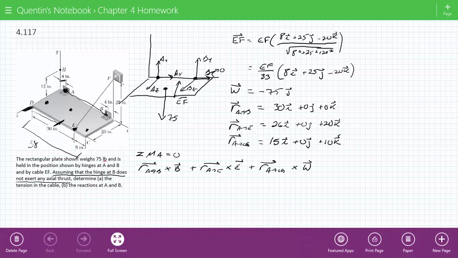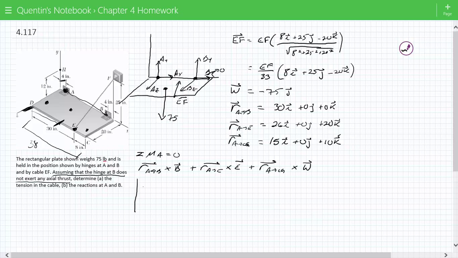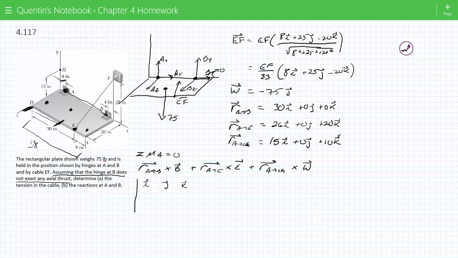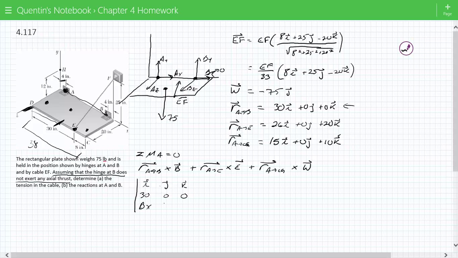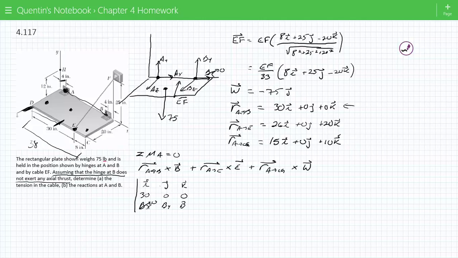So let's go through and do this. We have our I, J, K from A to B, which we wrote down already. So it's 30, 0, 0. And the forces at B are going to be BX, which is 0, BY, and BZ.